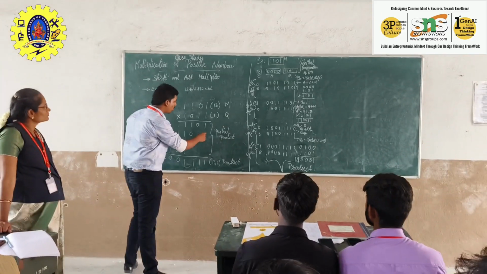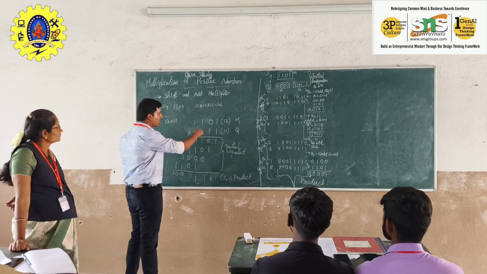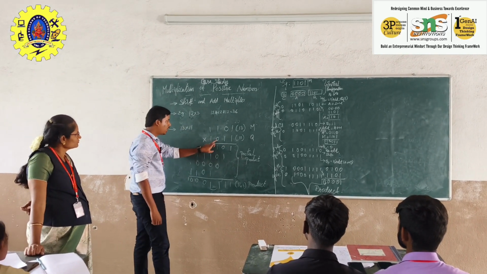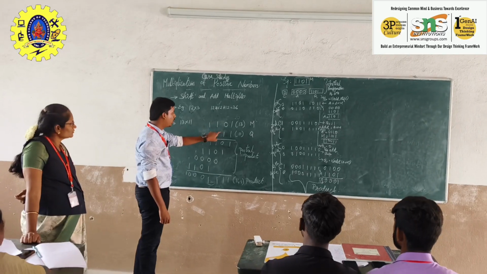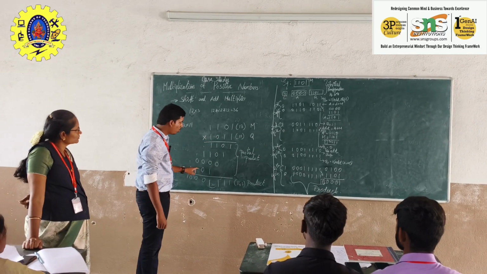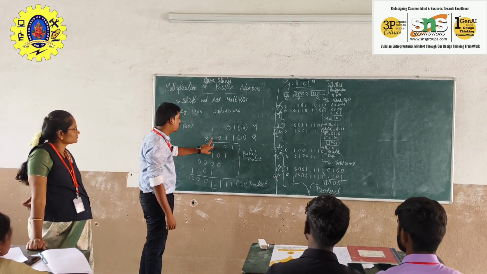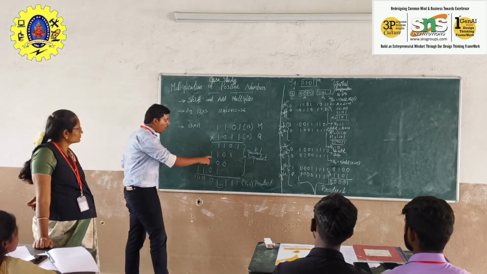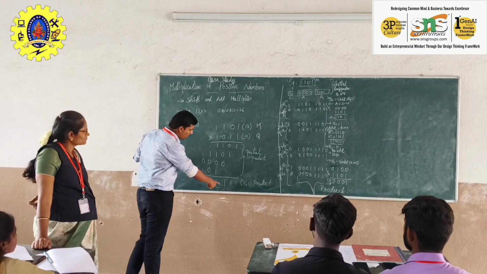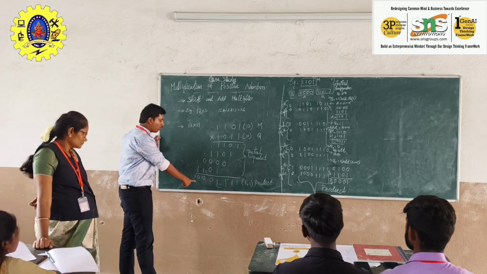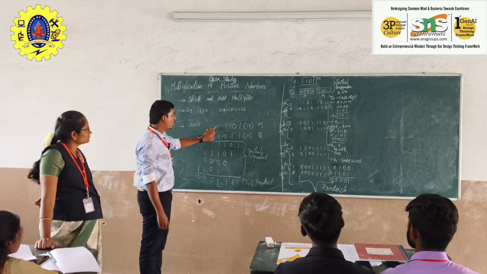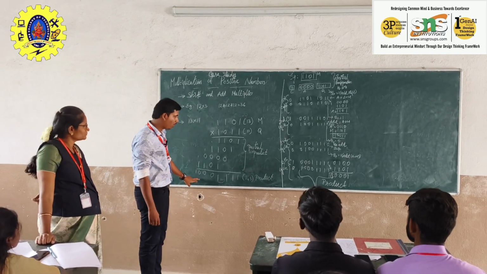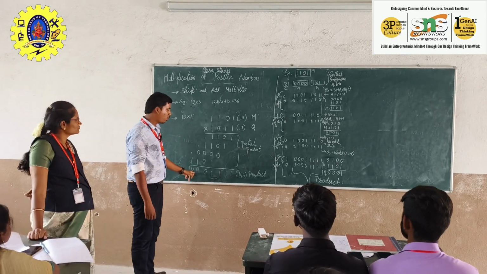Multiplying with 1 gives the same value as the multiplicand, and multiplying with 0 gives 0. After the multiplication, we get an 8-bit product, because we consider a 4-bit multiplicand and a 4-bit multiplier. So 4 plus 4 is 8, and we get 8 bits of product.